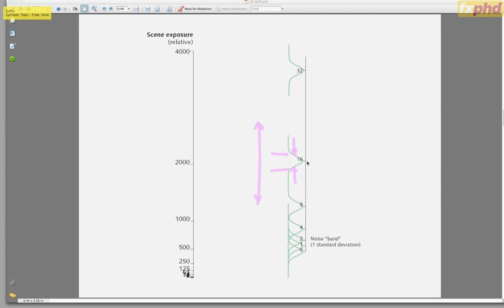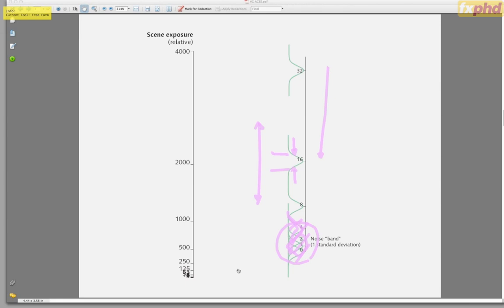And you can see, I think, that as the exposure decreases, the noise band stays the same width in the linear scale, but it starts to overlap. And so down at the lower end of the scale, the values reported from the camera get confused. The camera can't tell, because of its noise, exactly what the light level was.